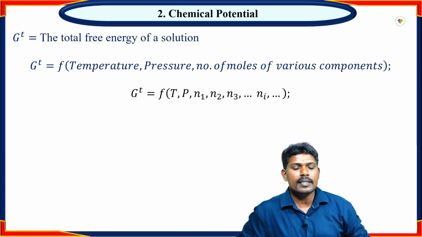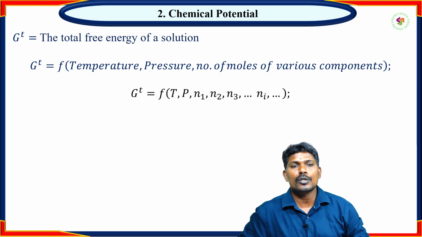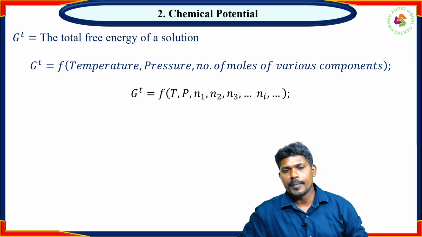Here GT is the total free energy of a solution. So generally this chemical potential, which is a function of the total free energy, is also a function of temperature, pressure and number of moles of each compound in the mixture.